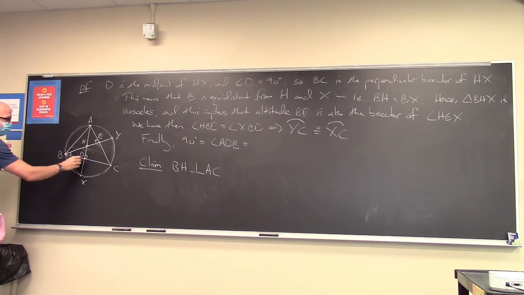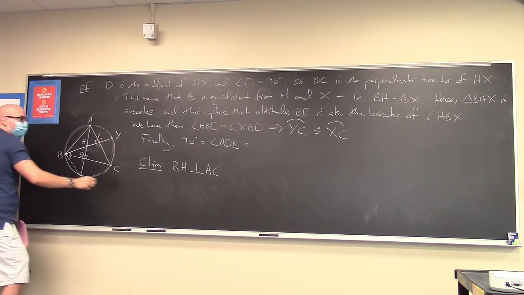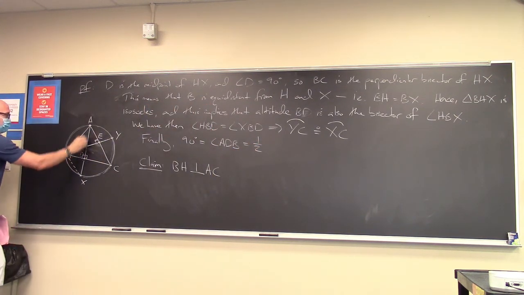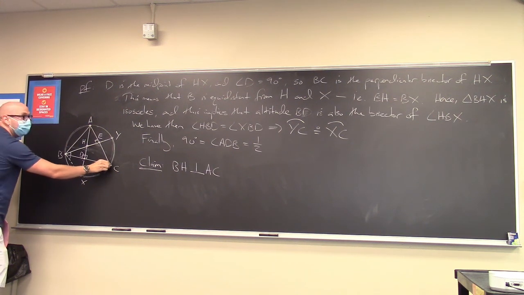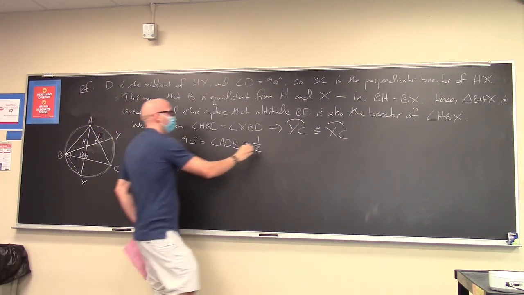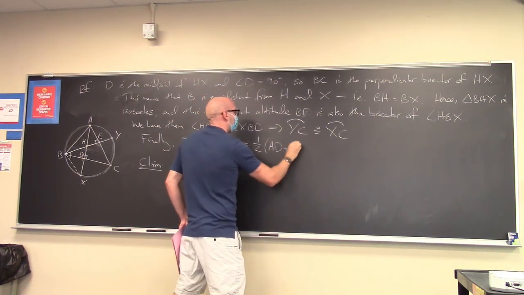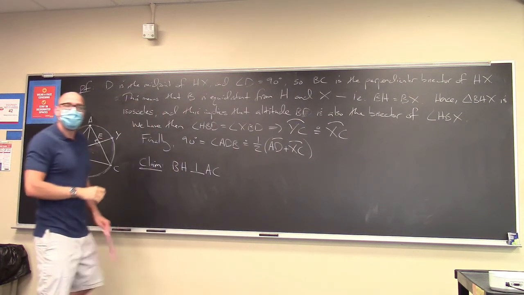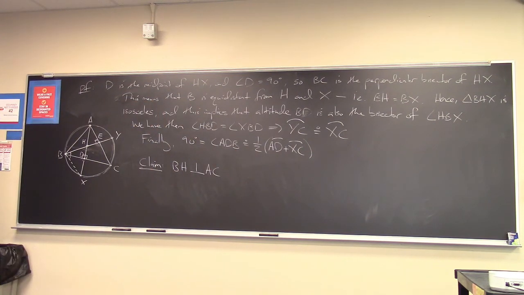And these are two intersecting chords, so I can measure these angles in terms of their subtended arcs. ADB would be 1/2 of AD plus XC. And I really should put equal in measure. You mean AB? AB, thank you.